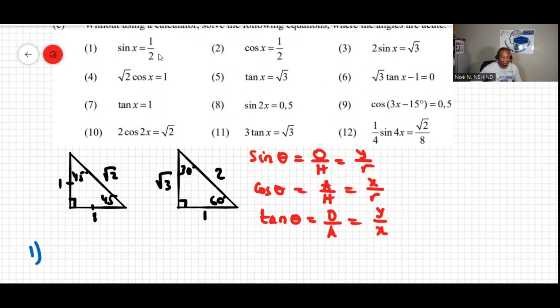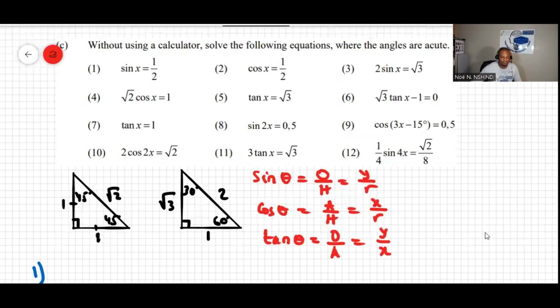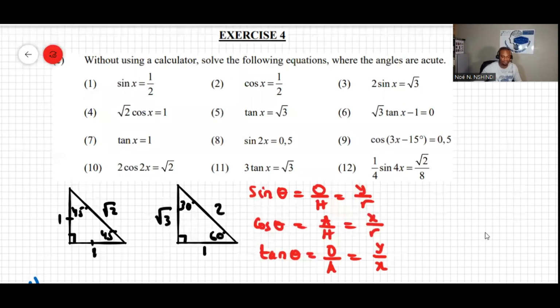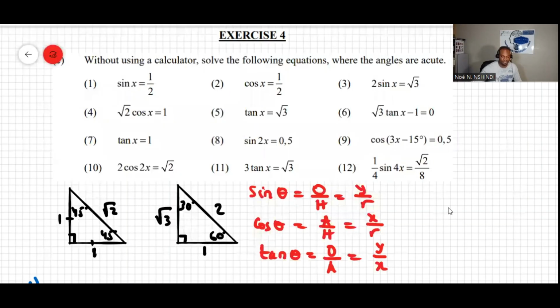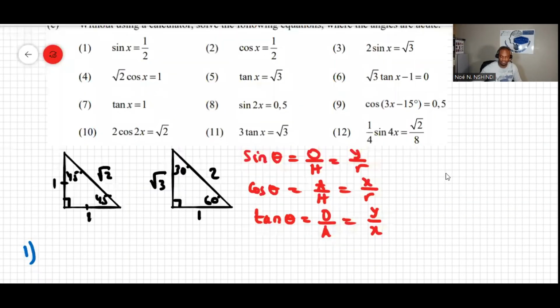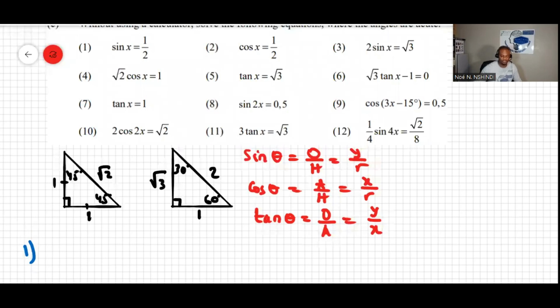Before I even do that, let me also write another strategy of finding the ratio quickly: you write 0, 1, 2, 3, and then 4.